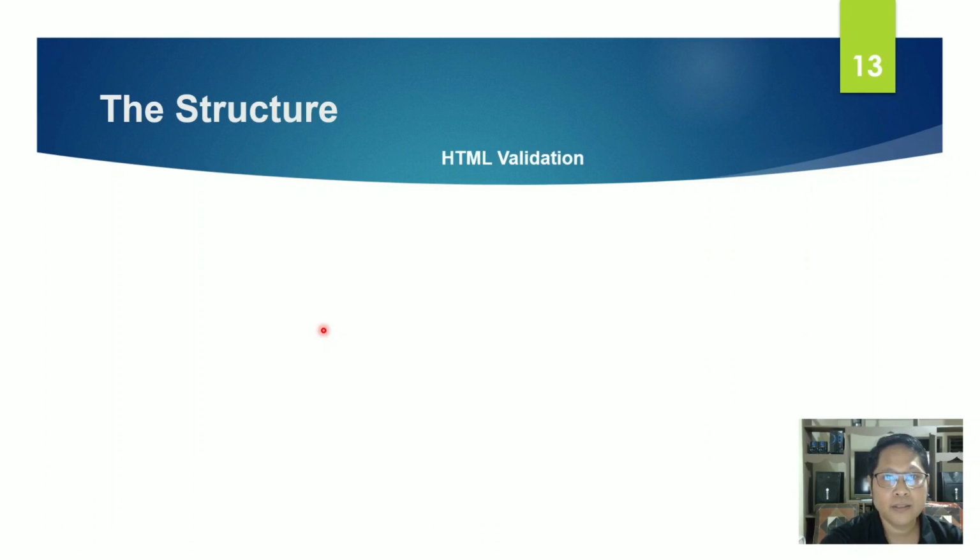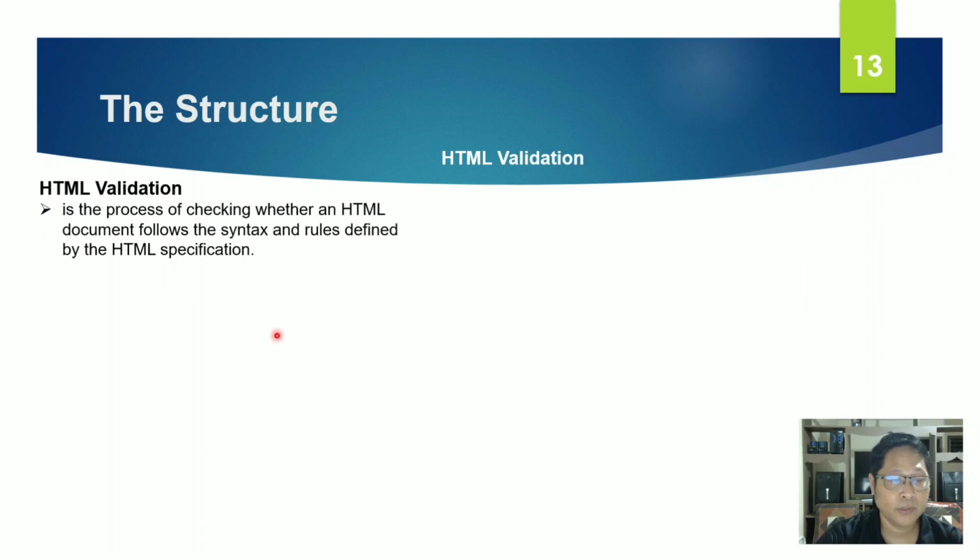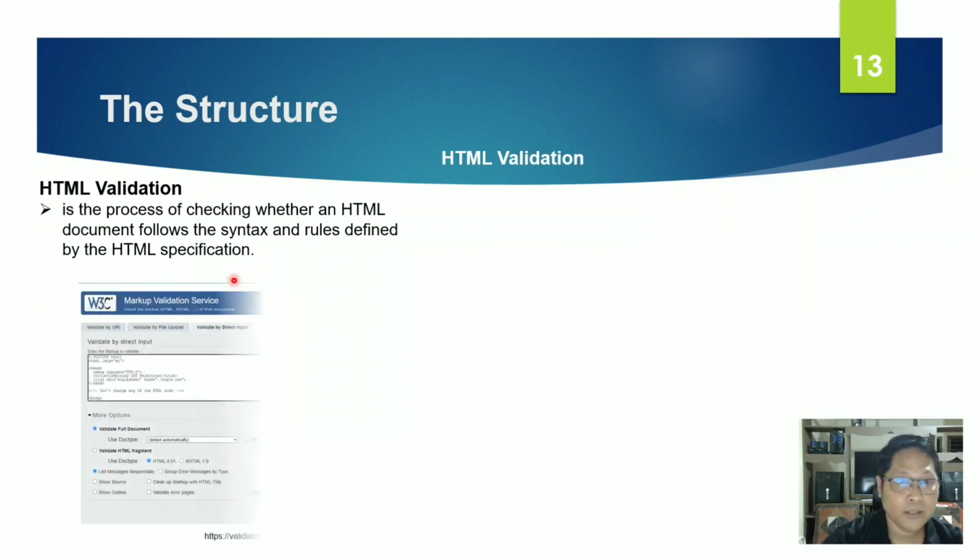So I think the next topic is our HTML validation. HTML validation is the process of checking whether an HTML document follows the syntax and rules defined by the HTML specification. These tools analyze the HTML code and report any errors, warnings, or suggestions for the improvement of our code. Okay, just like this one.